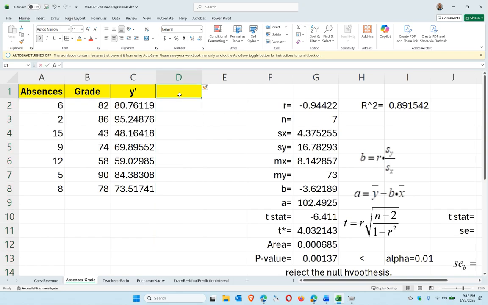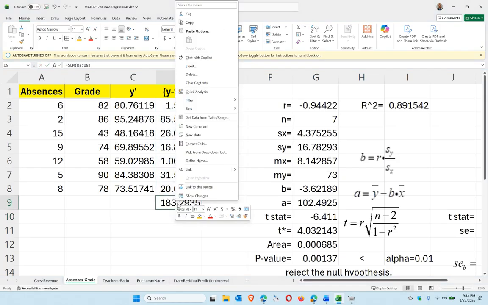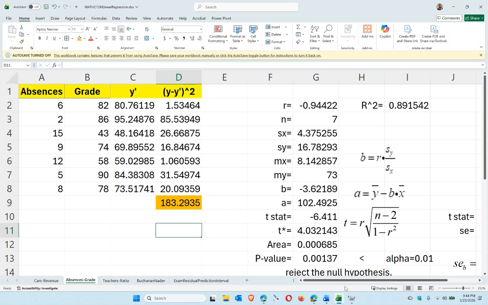Insert. So we have the observed minus the predicted squared. Drag that down. So we need the sum of that though. So we do need that number. That's important. And then we need the observed minus the mean squared, right?